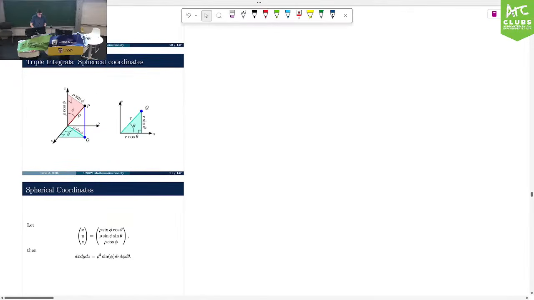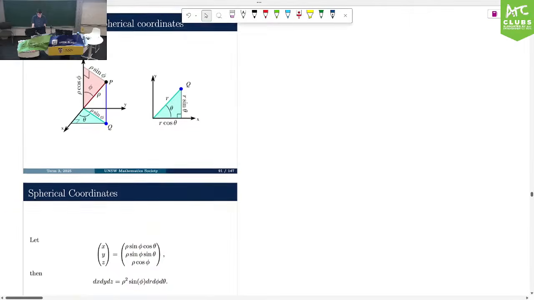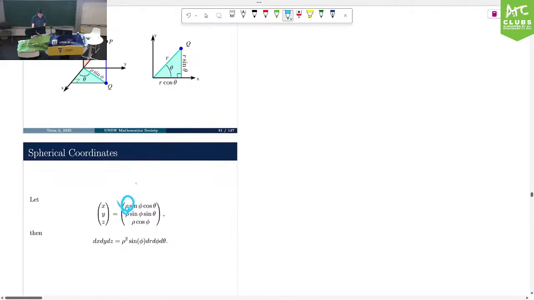Okay, so a little bit more tricky, we can look at spherical coordinates, which have this rather ghastly change of variables formula. But you can visualize this as your rho is now the radius of your sphere, effectively. We don't use r, to not confuse it with cylindrical or polar coordinates.